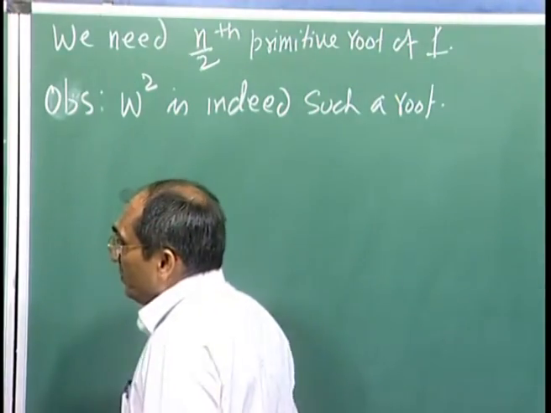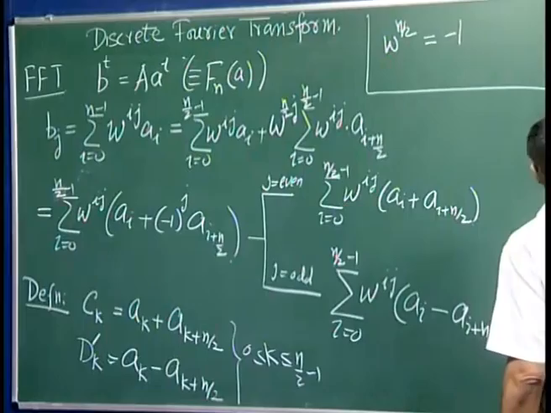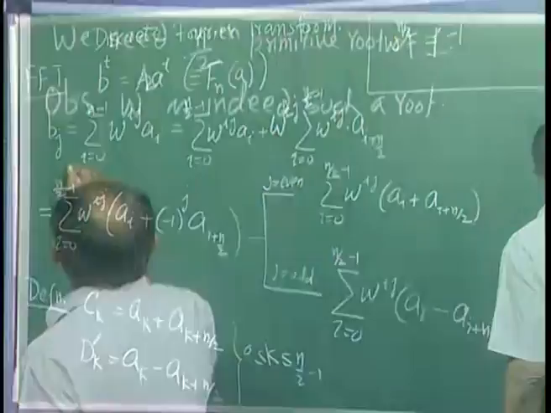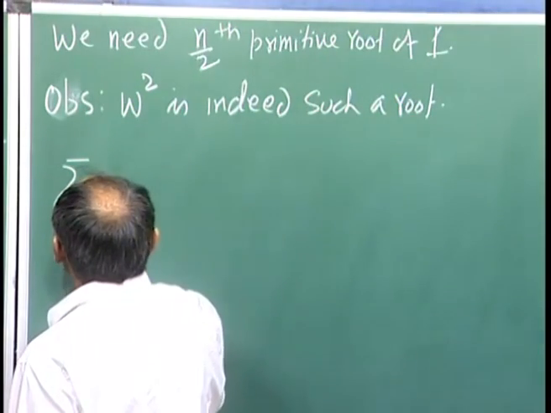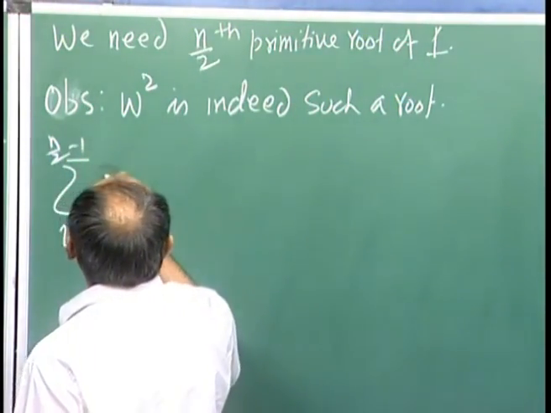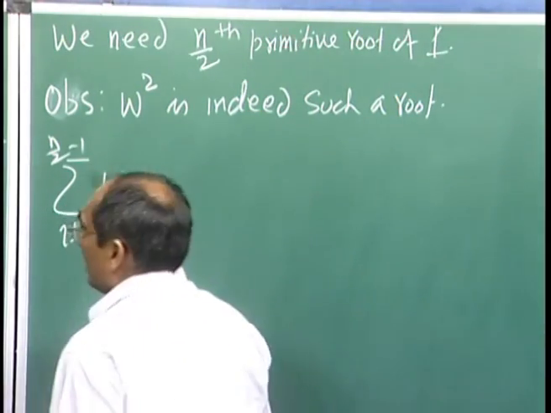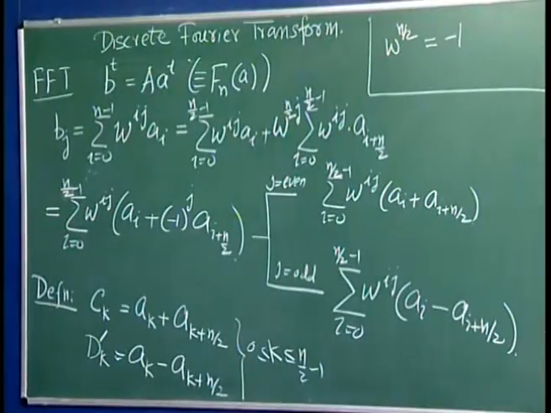So, what we will have to do here is write the sum, i going from 0 to n over 2 minus 1. Now, let me suppose j is 2p, the even case.